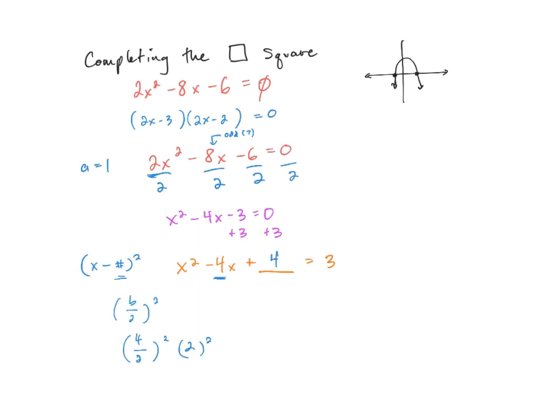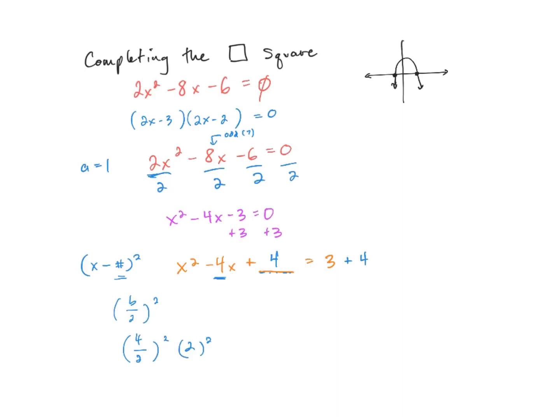So if I put a 4 here, what allows us to balance the equation is that if we're adding the 4 to one side, we're going to end up adding the 4 to the other. We keep its balance by putting a 4 on both sides.